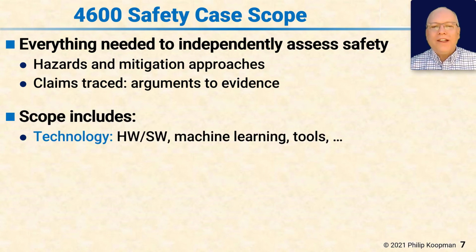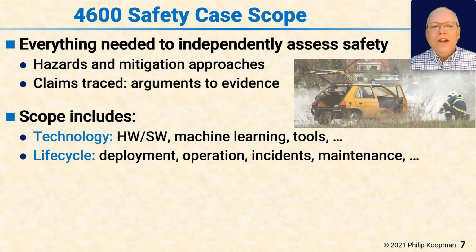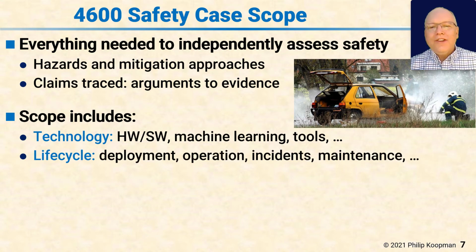The scope includes technology, hardware, software, machine learning, tool chains, data sources. It includes lifecycle. It's not just deployment, it's also operation, it's incidents, it's maintenance, all the things in the life cycle. If you have a vehicle fire, what happens? Does it know how to safe itself so that it doesn't endanger the firefighters through unexpected motion? Just as an example.